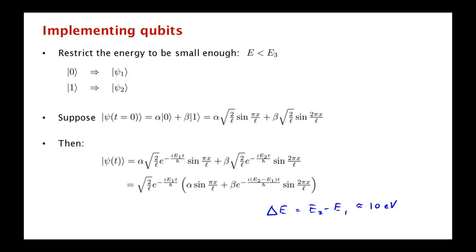And if you look at the corresponding frequency, which is this divided by h, the frequency is about 2.5 times 10 to the 15 hertz. Okay, so this frequency turns out to be very close to the frequency of optical light.